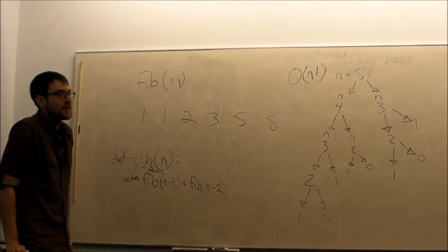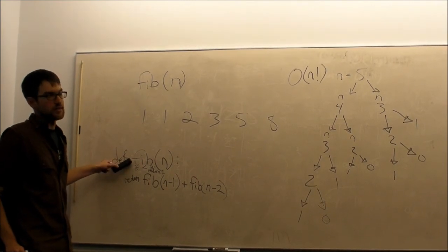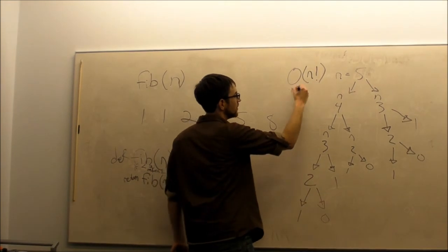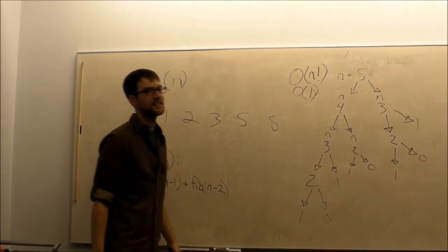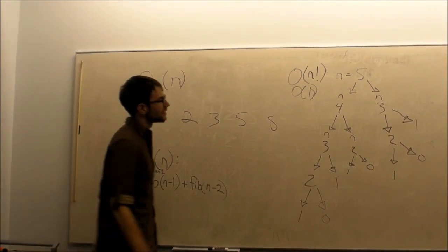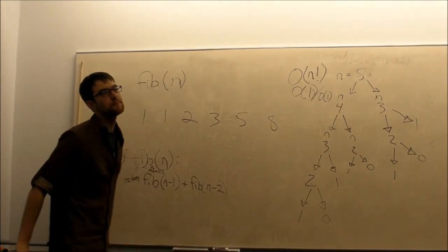So this is bad. However, you can do something to this function that will turn it from n factorial. Sometimes it's constant time.